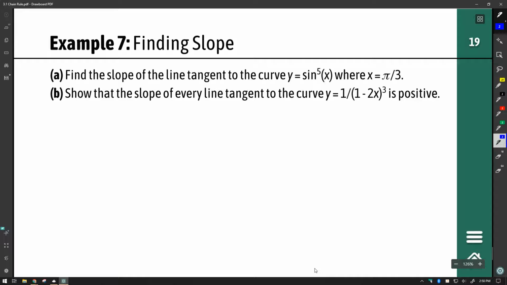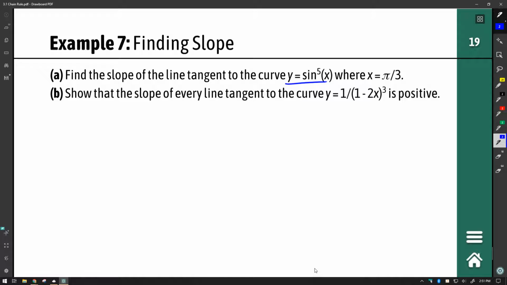Here's an example. Let's find the slope of the line tangent to the curve y equals the sine of x to the fifth, where x is pi over 3. So we're looking at this function, y equals sine of x to the fifth power, or sine to the fifth of x, and we're wondering initially, why is that in the category of a power chain rule?